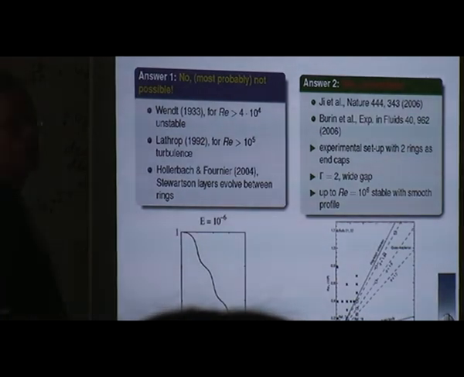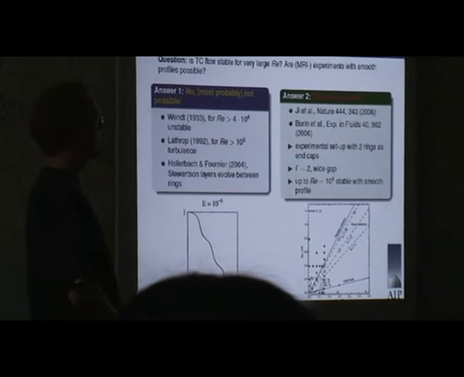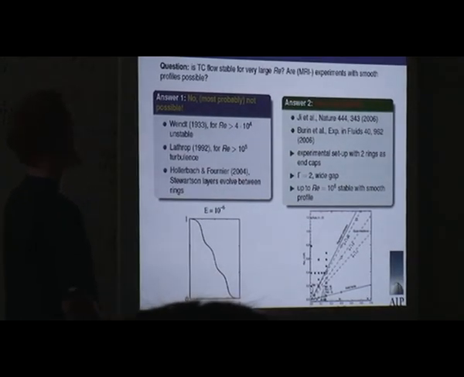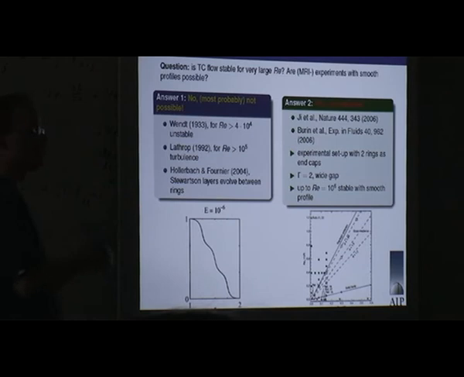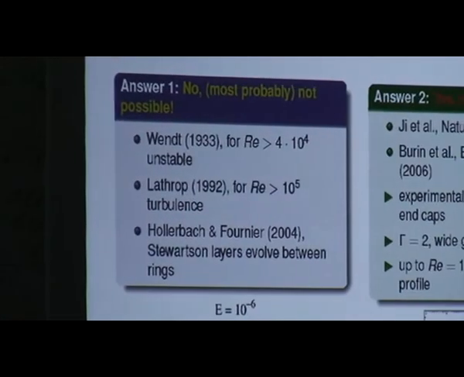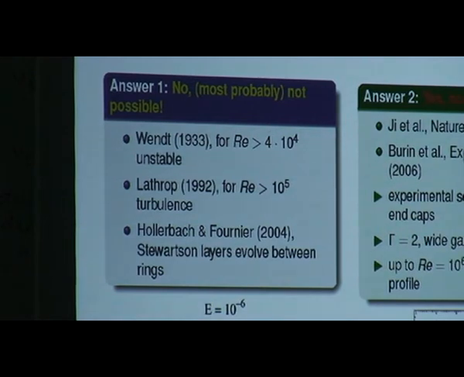I already said I'm interested in high Reynolds number flows. The question here, especially if one is looking at experiments where one always has solid end caps, is what happens with the flow if the rotation rate is really large? I'm talking about Reynolds numbers of 10 to the 6, around that.